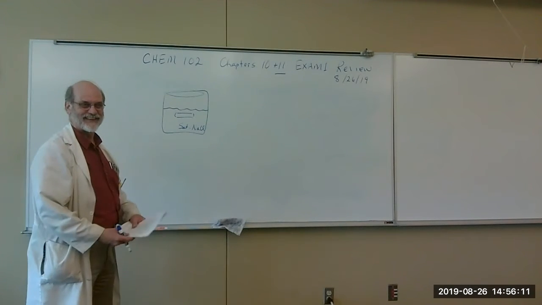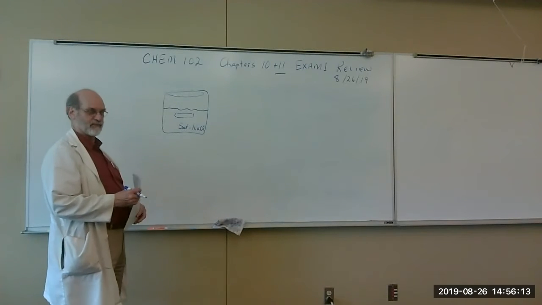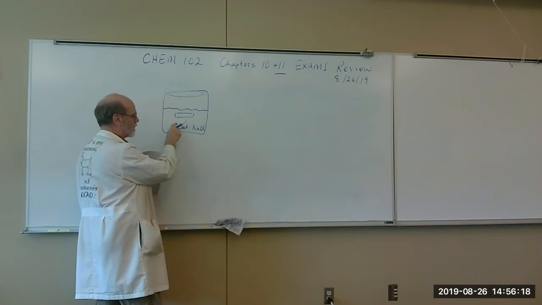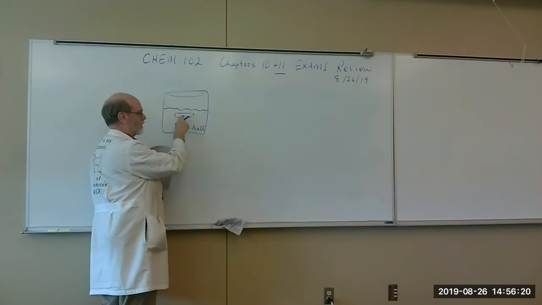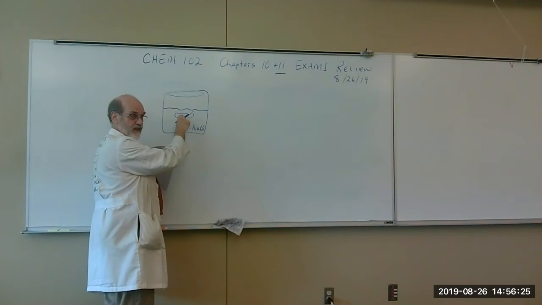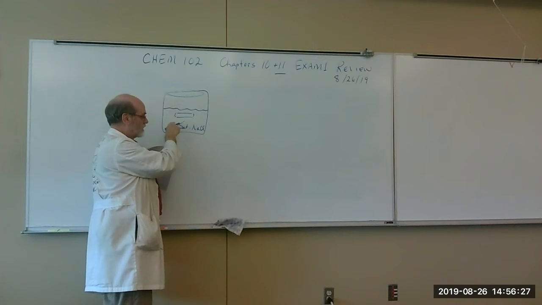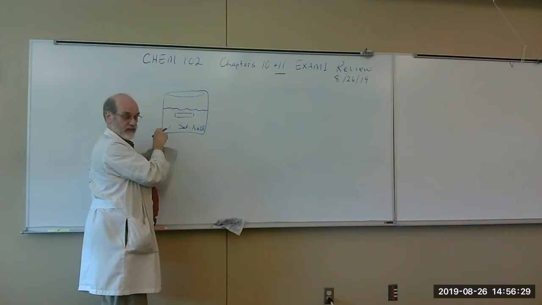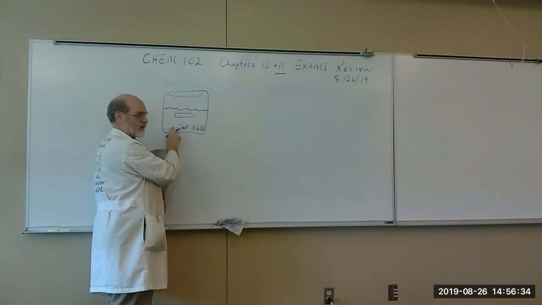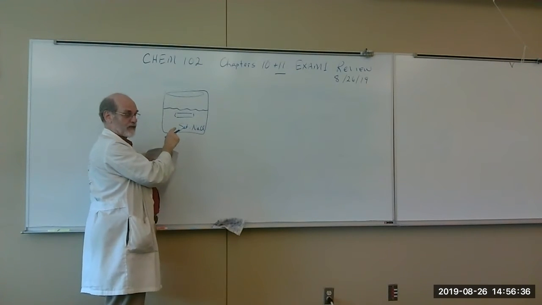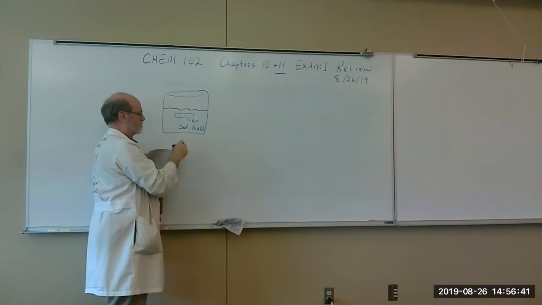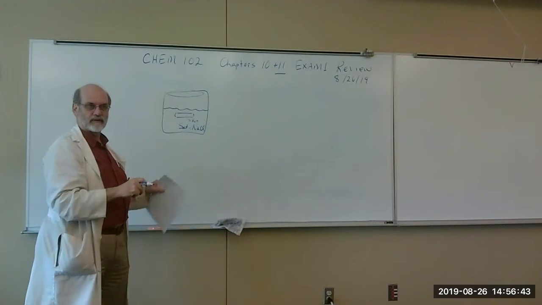It'll get limp. Why? Because the cells in here have more water in each cell than the water out here. The concentration inside the cell is higher in water than outside the cell, and the water is going to move across that cell membrane to try to equalize the concentration. Right? So the water moves out of the cell, and the cells get limp.